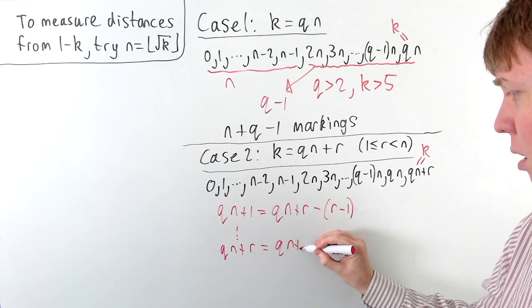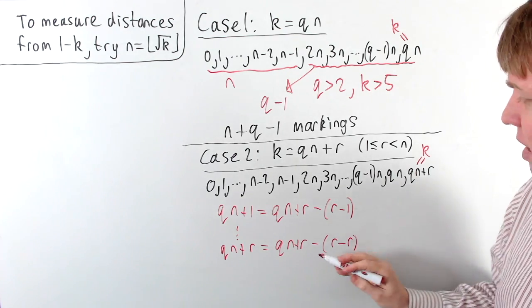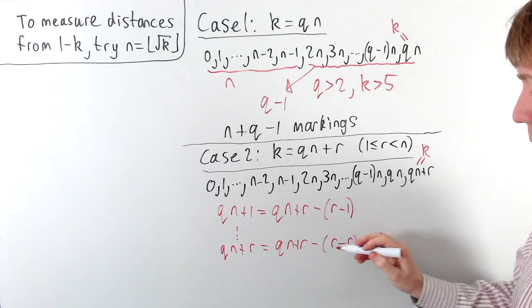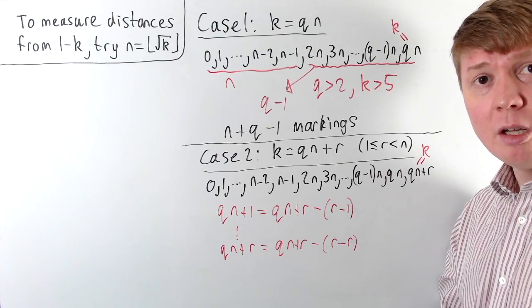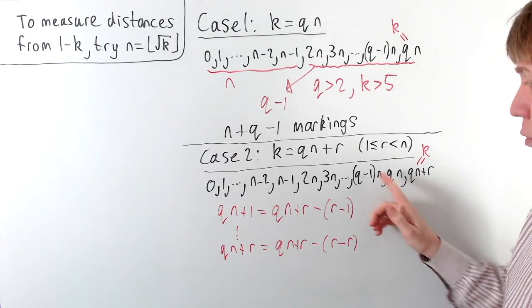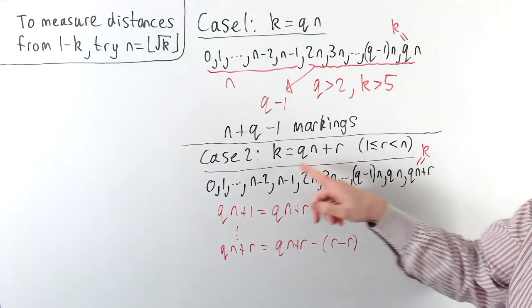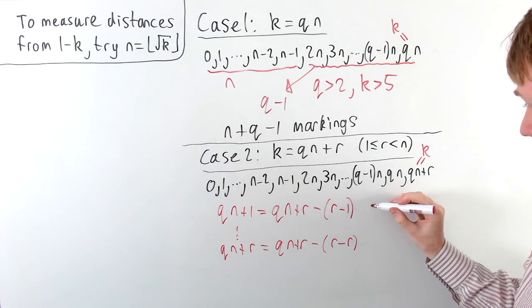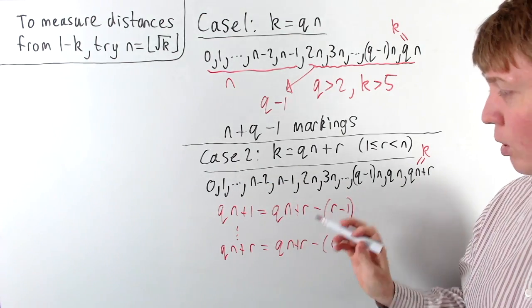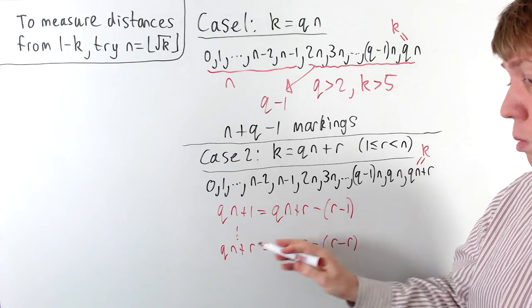We do qn plus r minus r, so we get qn plus r minus 0, measuring from qn plus r down to 0. So we do fill in all of the remaining gaps there from qn onwards. We get qn plus 1 going from qn plus r down to r minus 1, and so on. To get qn plus 2, we take away r minus 2, and so on until we get to qn plus r.